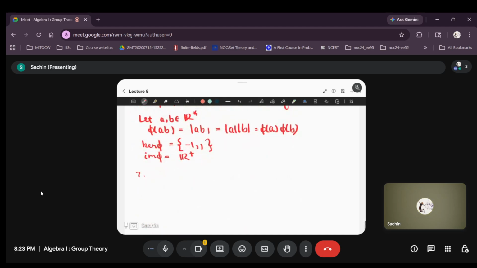Next, let R[x] denote the group of all polynomials with real coefficients under polynomial addition.